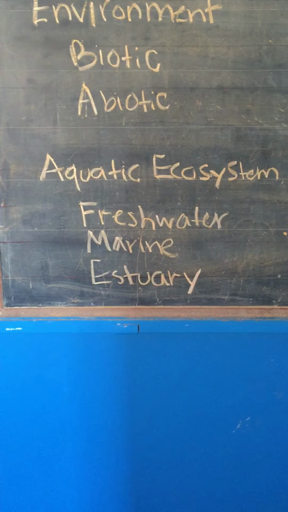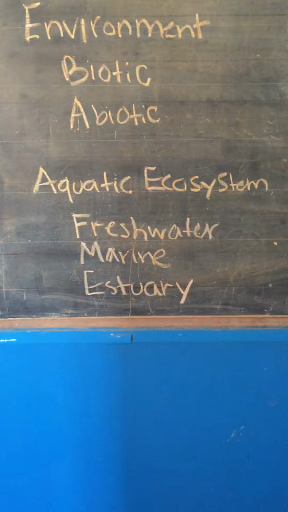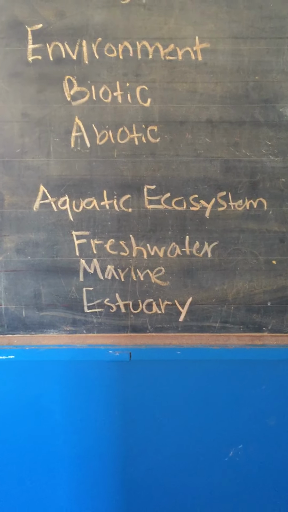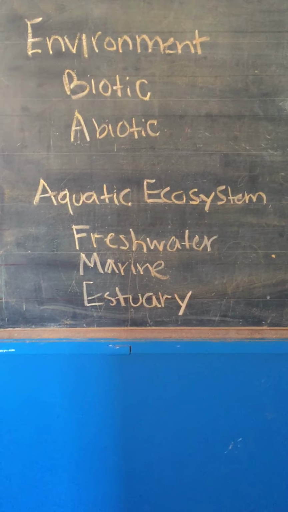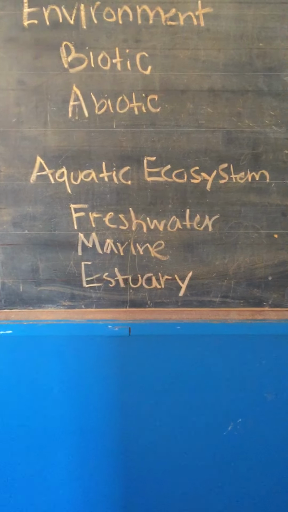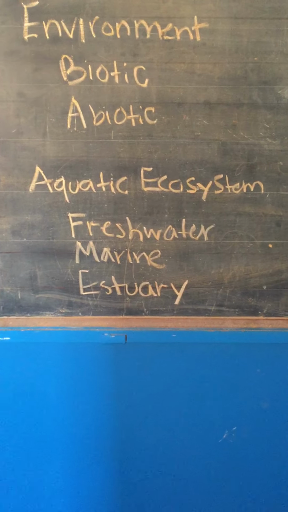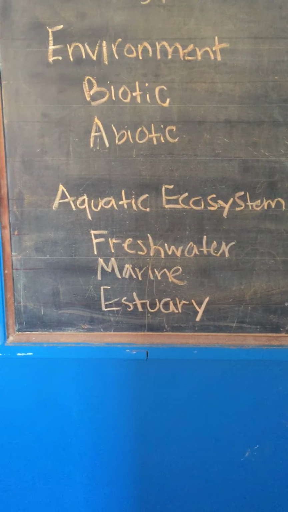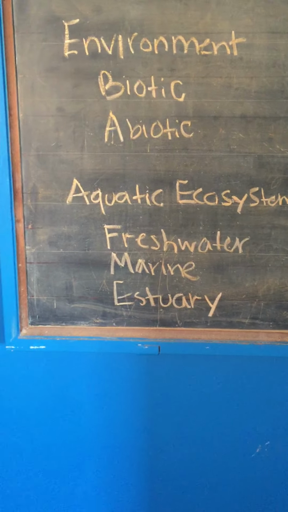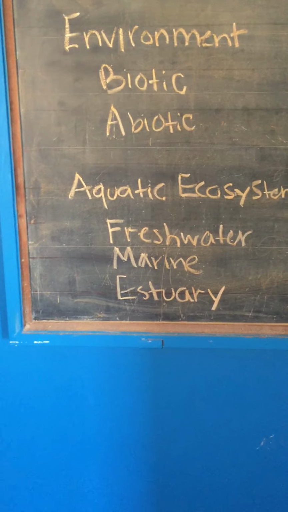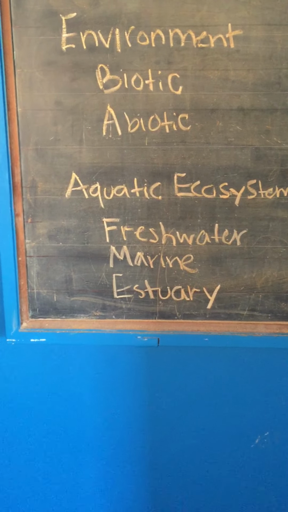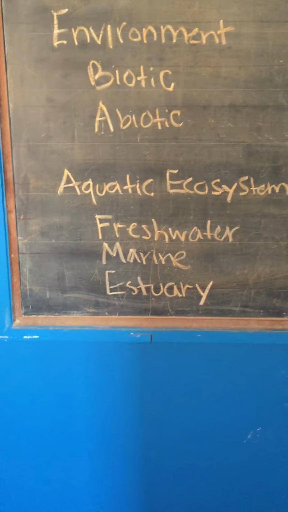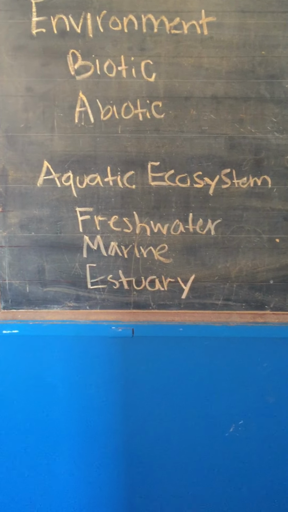It is part of an aquatic ecosystem, and more specifically, a freshwater ecosystem, as opposed to a marine ecosystem or an estuary. In an aquatic ecosystem, there are several environmental factors which affect organisms, including the ability of sunlight to penetrate water, the depth of the water, the nature of the bottom substrate, water temperature, and salinity.